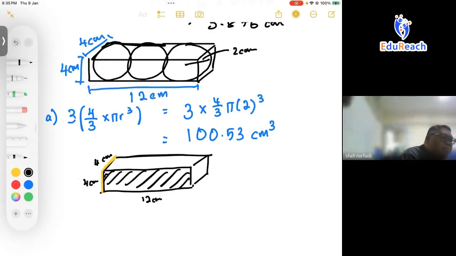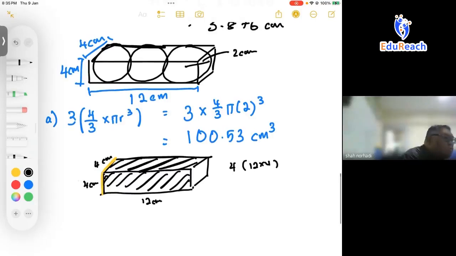This is 12 times 4, correct? Then I have four sides that are the same: 12 times 4, 12 times 4, 1, 2, 3, 4. Bottom also. So I will times 4. Correct? Then I'm going to plus the two sides, 4 times 4. Then I times 2. Okay?